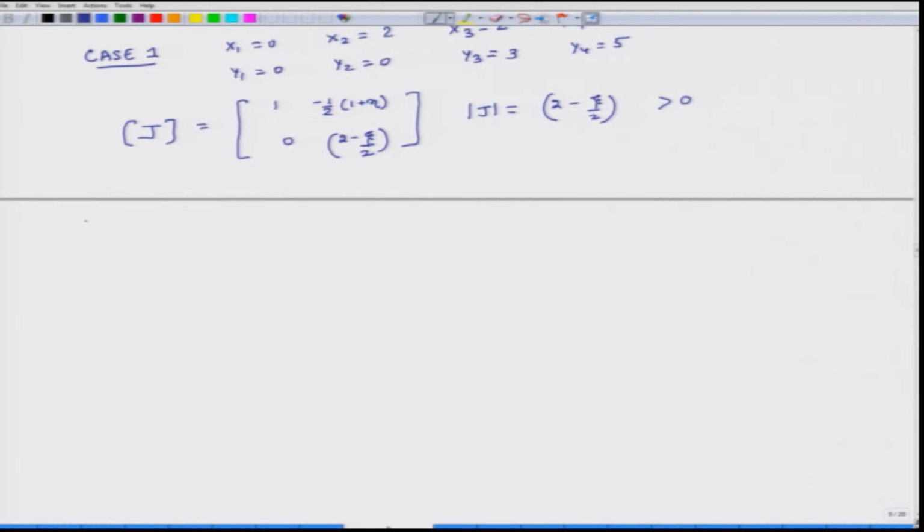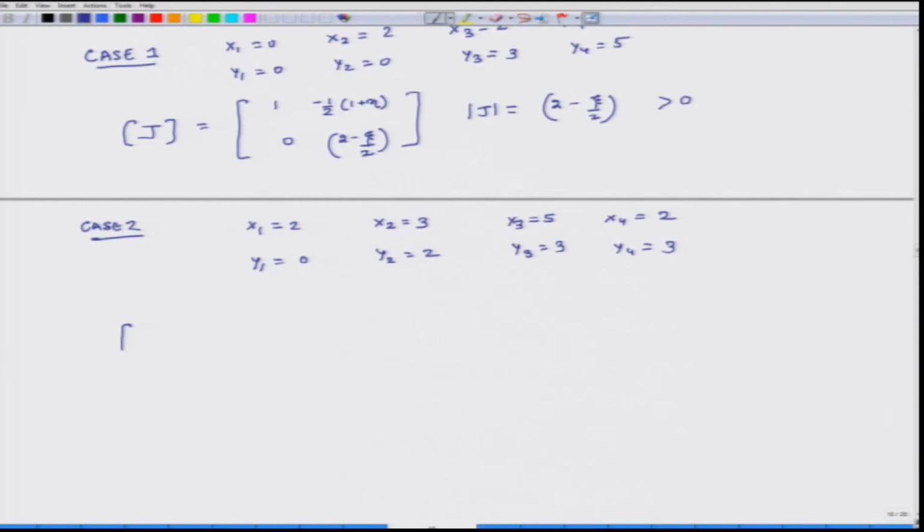Now, let us look at case 2. Okay. Here x1 was 2, x2 is 3, x3 equals 5, x4 equals 2, and y1 equals 0, y2 equals 2, y3 equals 3, and y4 equals 3.